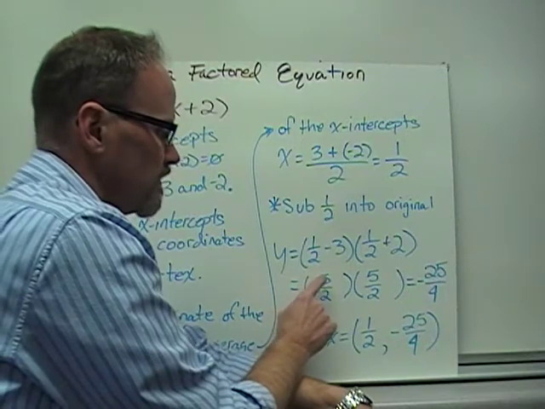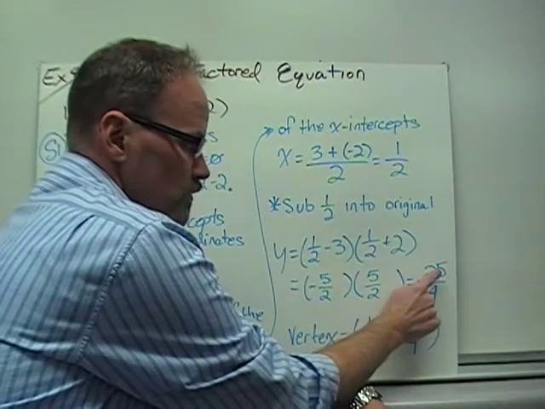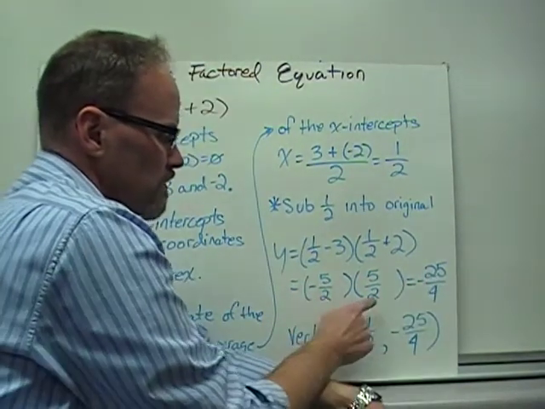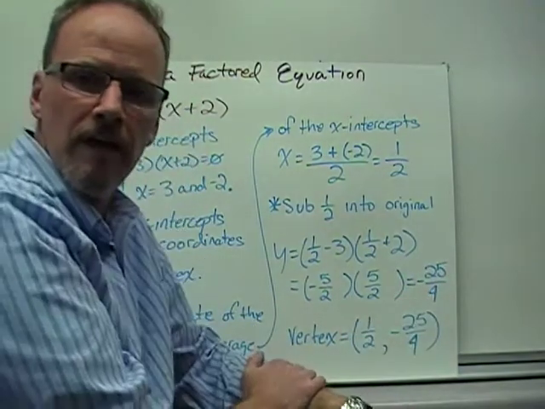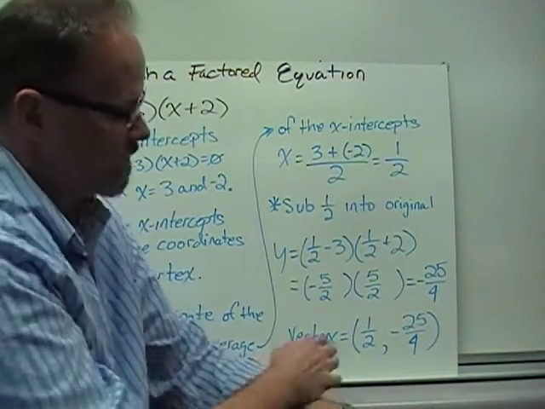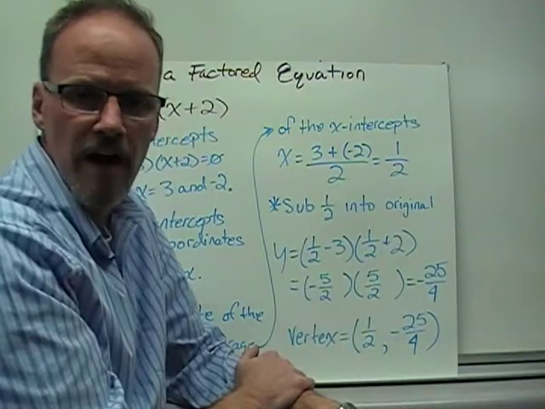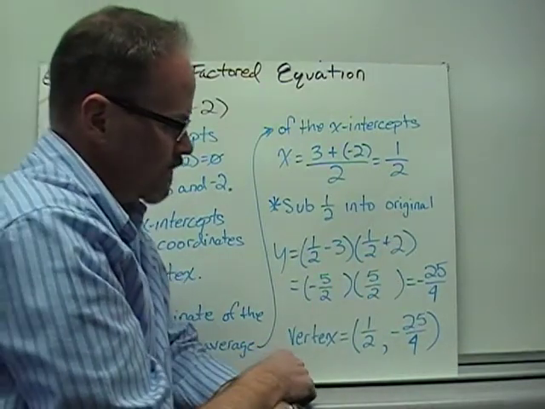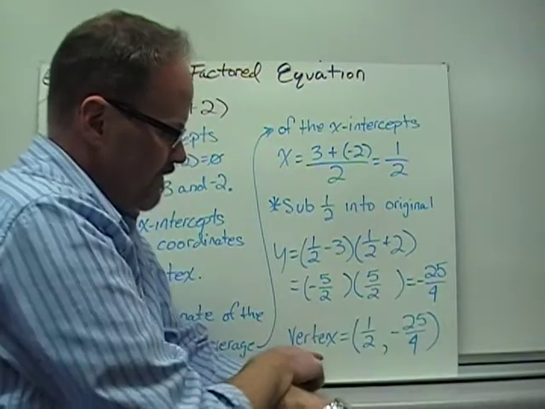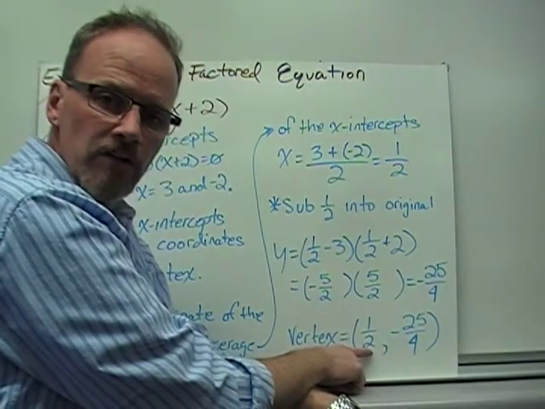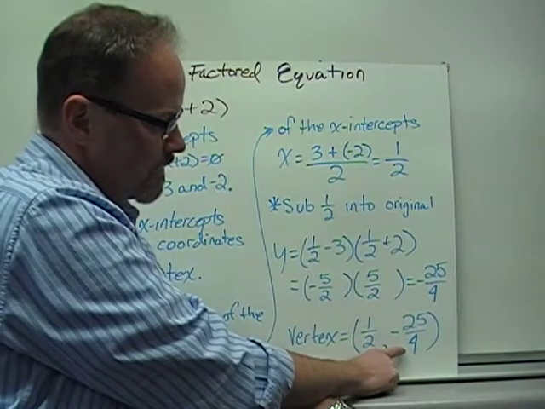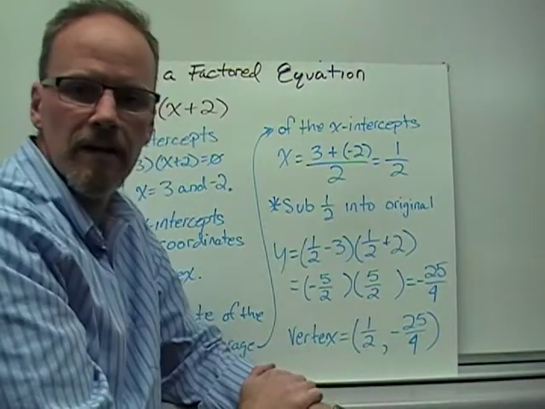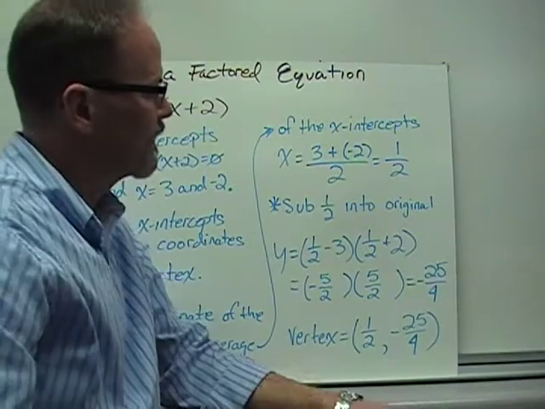Negative 5 times 5 is negative 25, and 2 times 2 is 4. So negative 25 over 4 is what I got from multiplying the two fractions together. So now I know my vertex: the x-coordinate is 1/2, and the y-coordinate is negative 25/4.